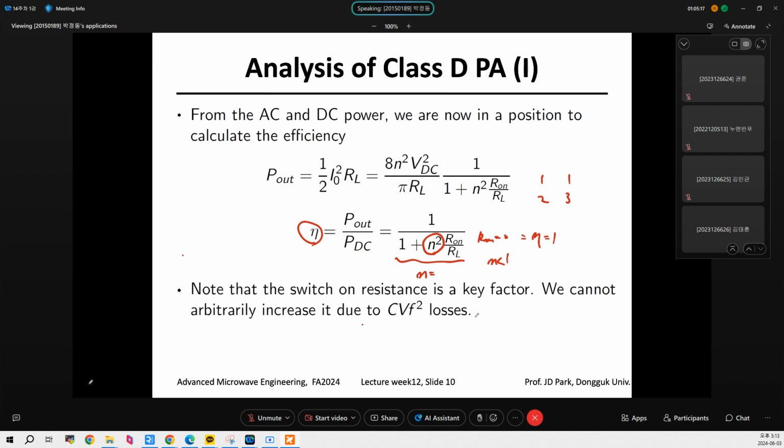Make sense? However, if you increase the ratio on either side, then it will induce a loss. So that's what we already mentioned before.